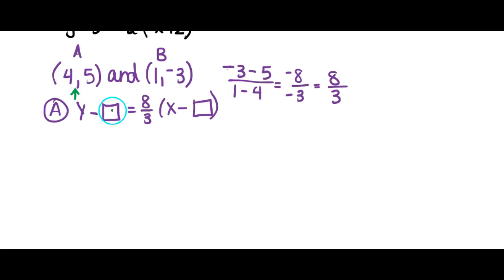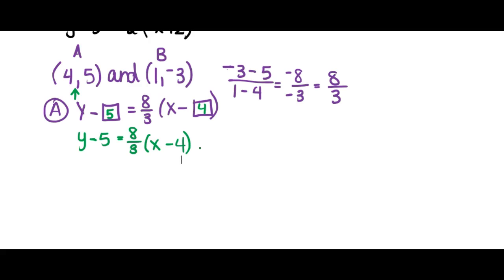Oh, well, that's 5 because we know that y comes after x. And then we say, what's that x value? Oh, that's 4. So the rewritten one is y minus 5 equals 8 over 3. Sorry, that's supposed to be a 3, by the way. X minus 4. Yay, we put it in point slope form.